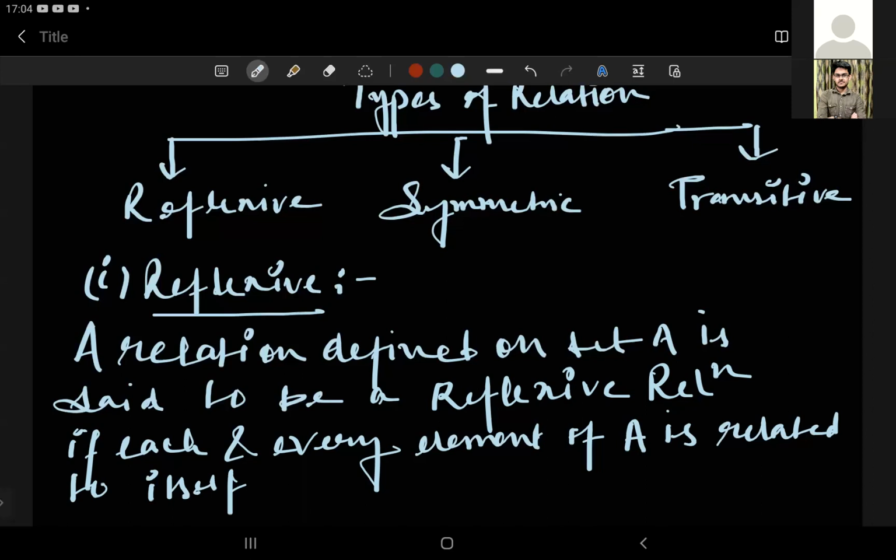Now mind that I am not mentioning here that it is only related to itself. It is related to itself and it is only related to itself. These two are like two statements with a little difference, right?